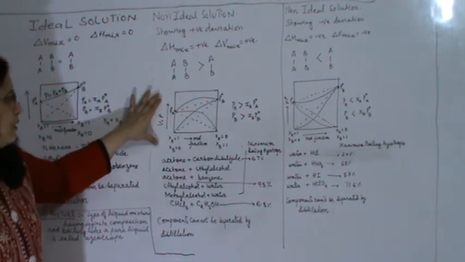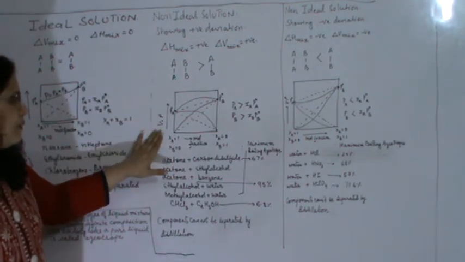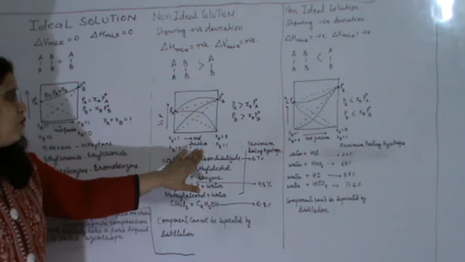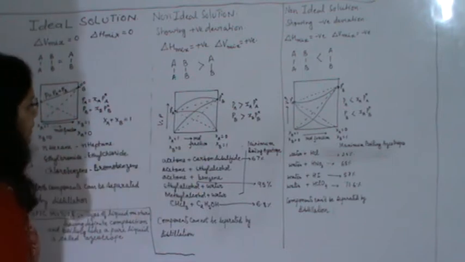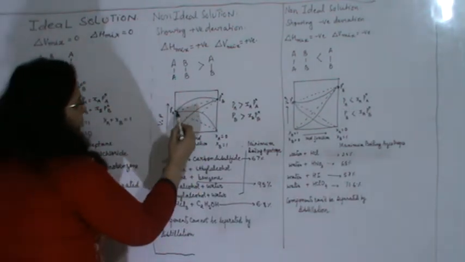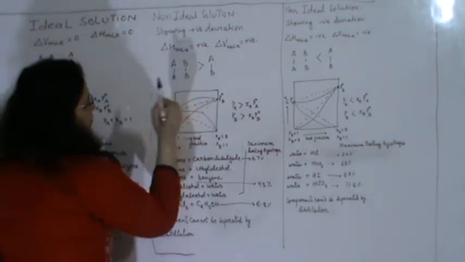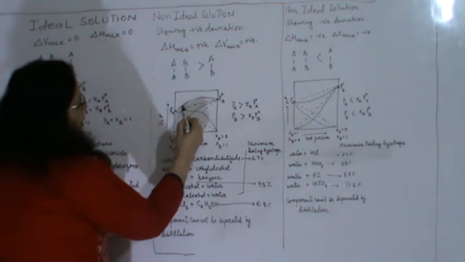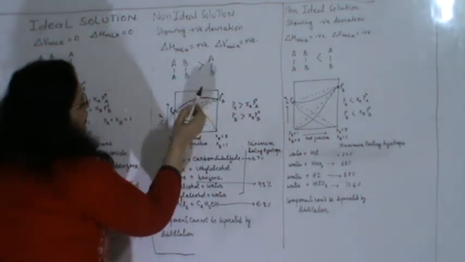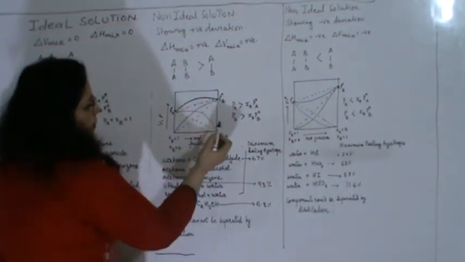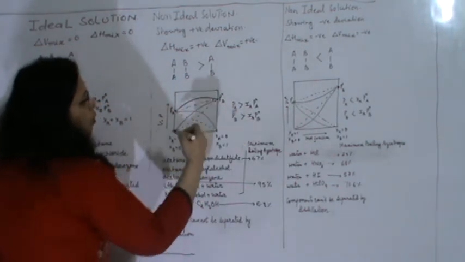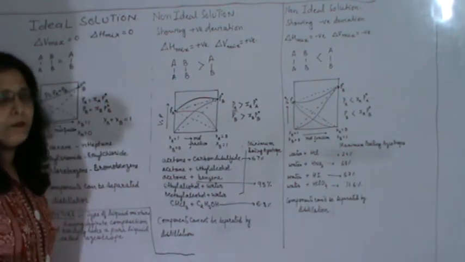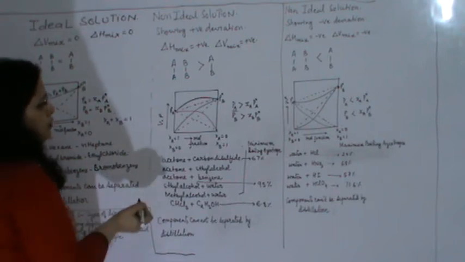And if we plot the graph of vapor pressure with respect to mole fraction, this was the expected straight line. But what we observe from the graph is that the partial vapor pressure is more than the expected vapor pressure for both the components.